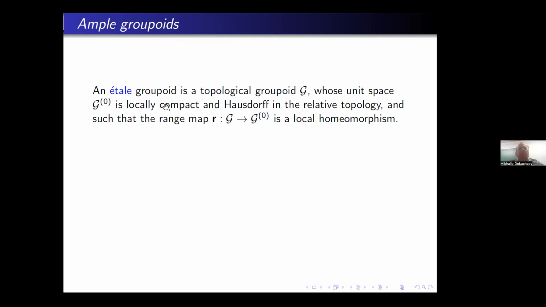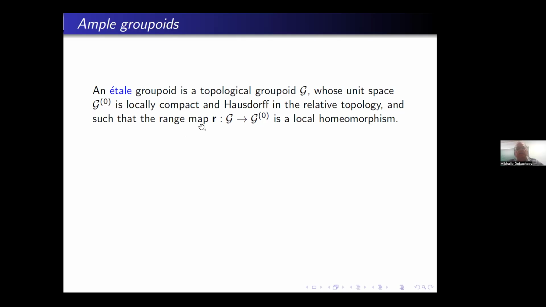By an étale groupoid, we mean a topological groupoid whose unit space, the set of objects of the groupoid, which as I said we identify with the unit morphisms, is locally compact and Hausdorff in the induced topology.